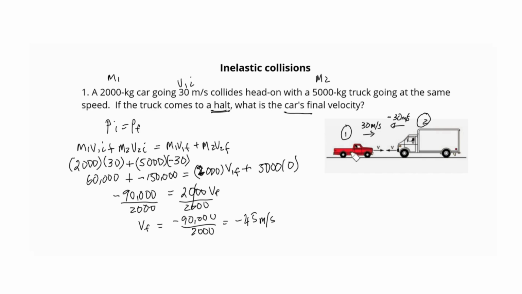So after the collision takes place, the truck comes to a halt and the car bounces back at that speed. Okay? So here's how we can predict what will happen post-collision if you know what happened to the final velocity of one of them.